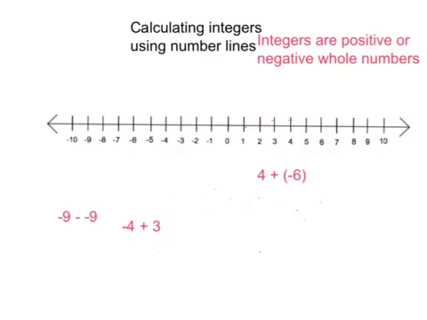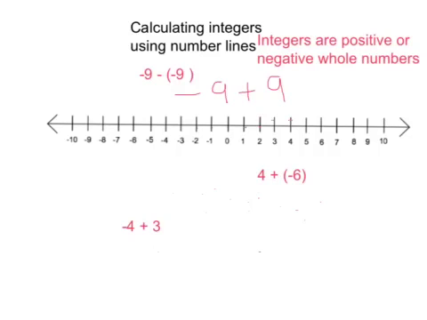And it's probably best to put this in brackets just to make sure we don't lose our question here. Okay, so if we want to show -9 minus -9, well, that's really the same as saying add the opposite, right? And if we're adding the opposite, that would be the same as saying -9 plus the opposite of -9, which is 9.